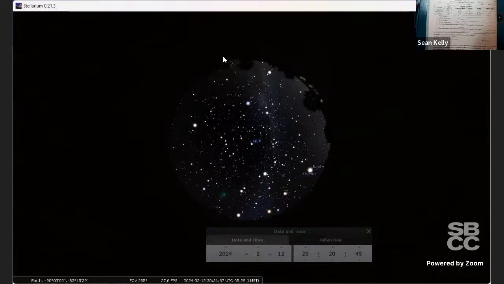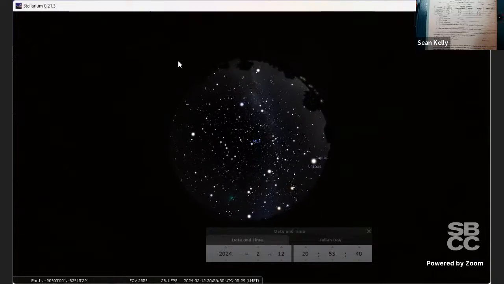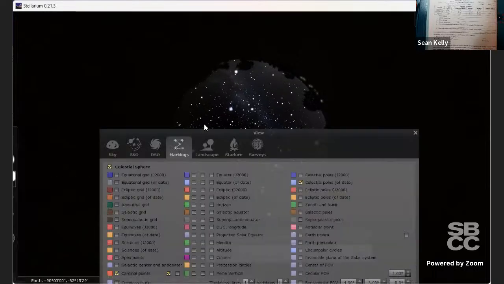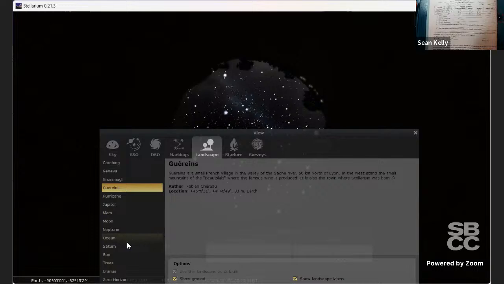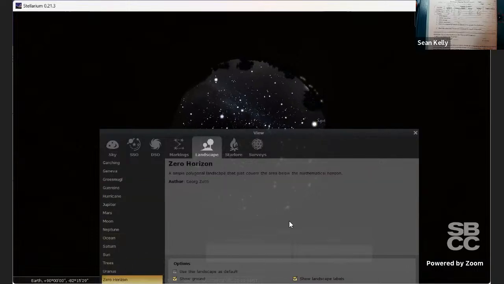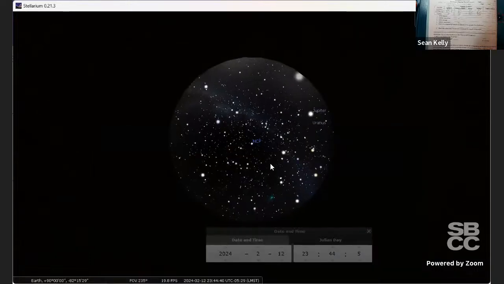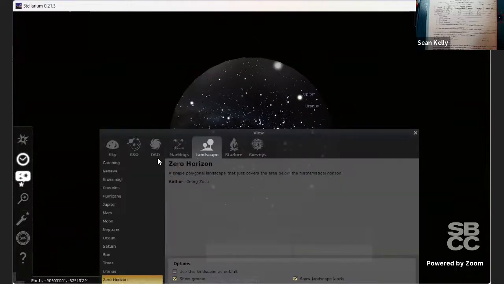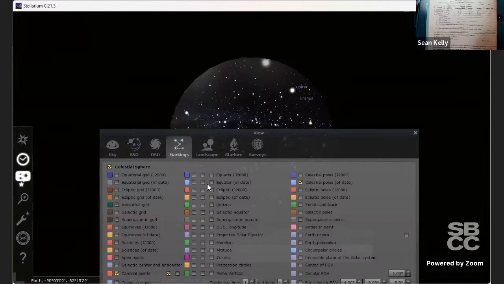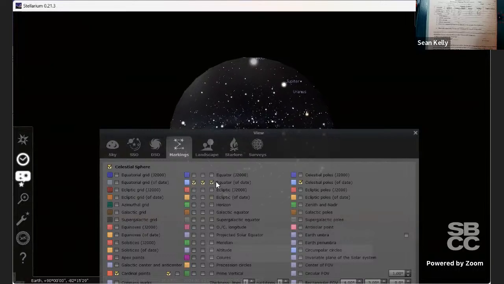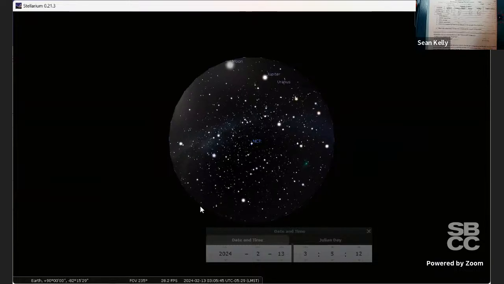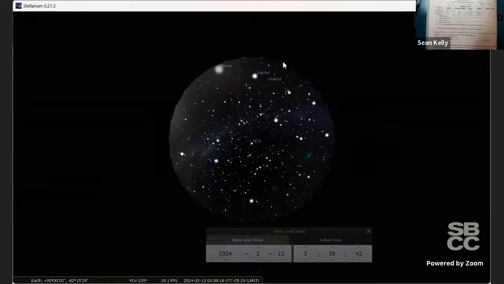But this line, this horizon that we see, which by the way is a little off, let's go ahead and fix that. Let's go to the simplest horizon we can have. This horizon is actually the same thing as what we call the celestial equator. Can everybody see the blue that's appearing on the edge of the circle?